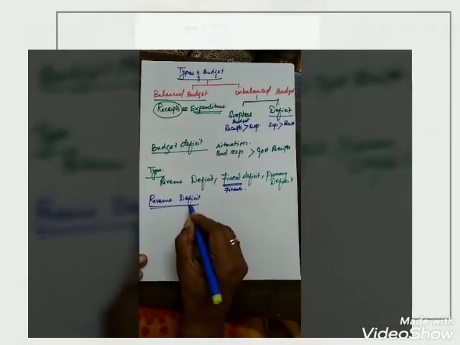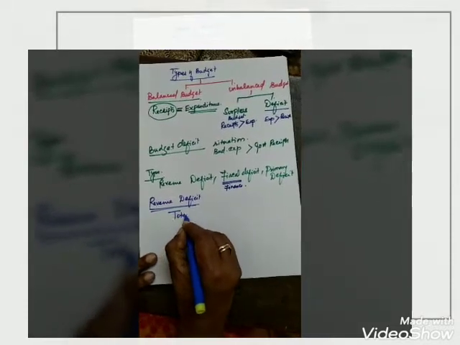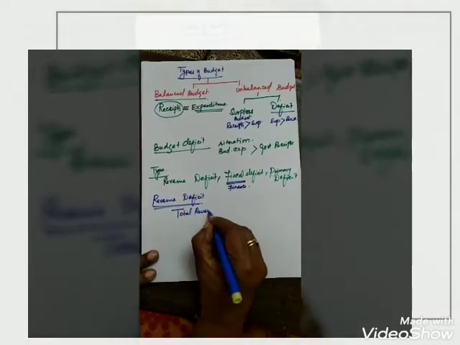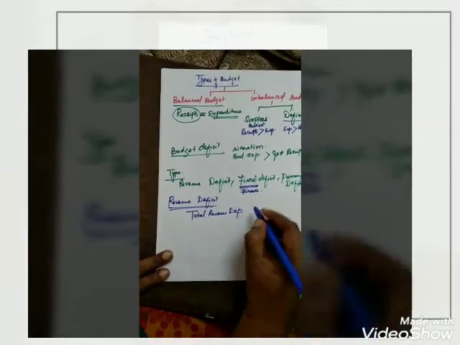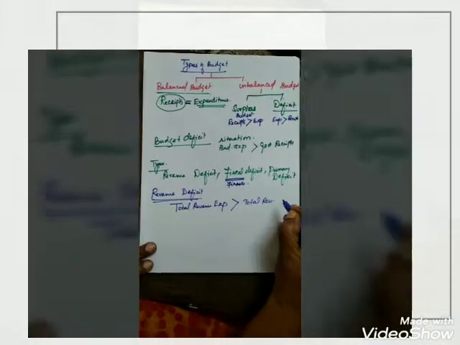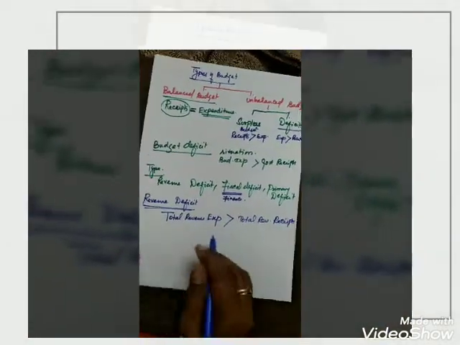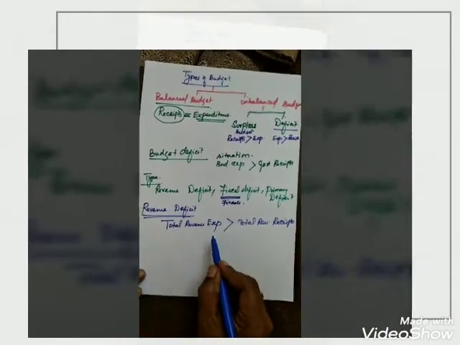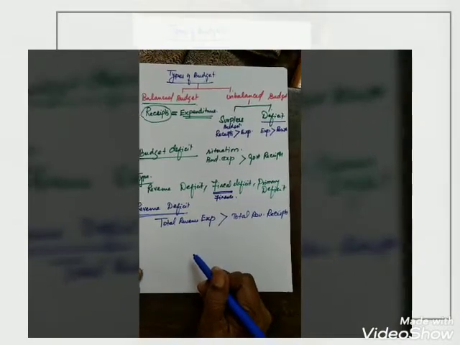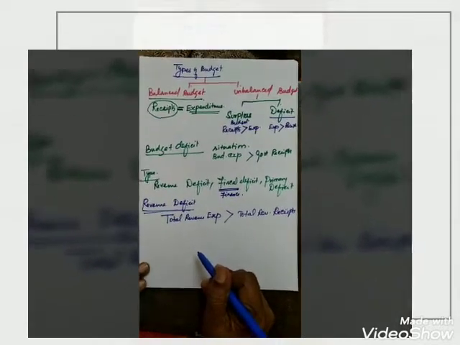How will it be? First of all, the total revenue expenditure is greater than the total revenue receipts. Revenue expenditure means the routine one, which we have already seen: planned expenditure as well as non-planned expenditure.